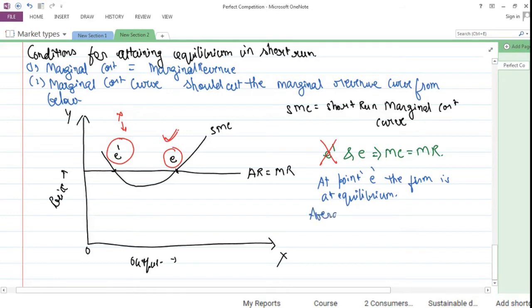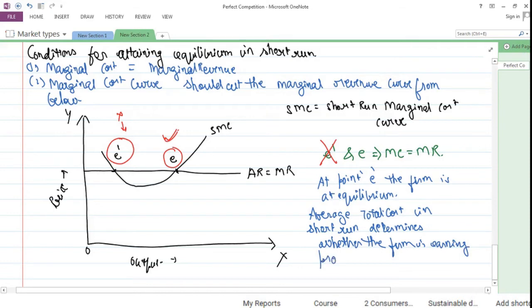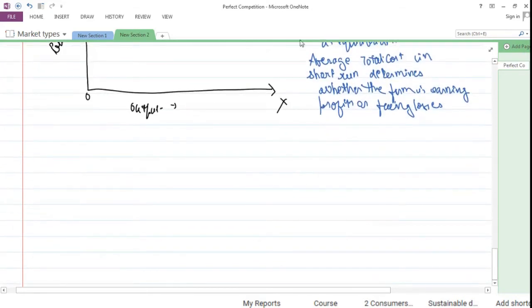Average total cost in short run determines whether the firm is earning profits or facing losses. So losses या फिर profits एक firm के average total cost के ऊपर dependent है.